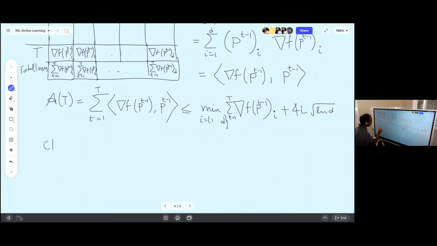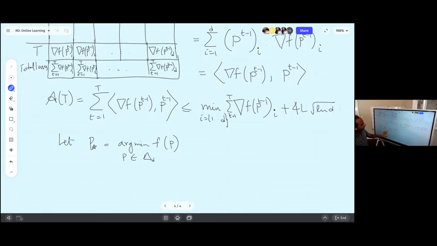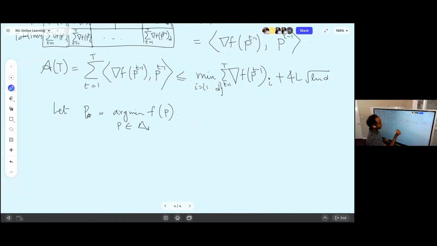So let me write a sequence of inequalities. Let P star be a global minimizer of f. Maybe there are many, just pick one, it doesn't matter. So the first inequality I'm claiming is the following.